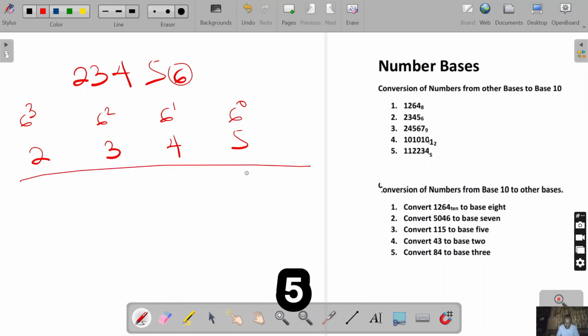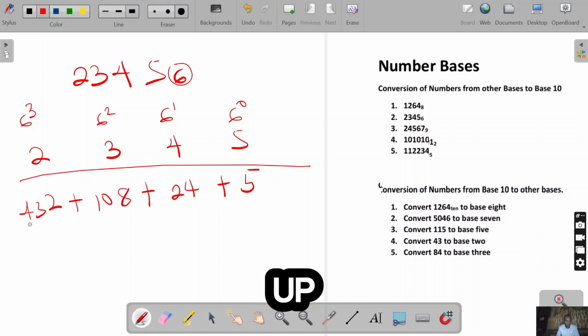Now, any number raised to power 0 is 1. 1 times 5 is 5. I put a plus in between. 6 raised to power 1 is 6. 6 times 4 is 24. I put another plus in between. 6 raised to power 2 is 36. 36 times 3 is 108. 6 raised to power 3 is 216. 216 times 2 is 432.